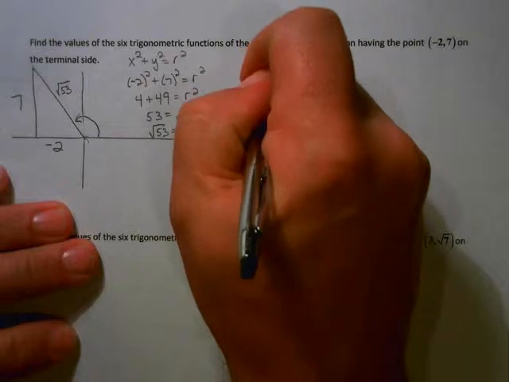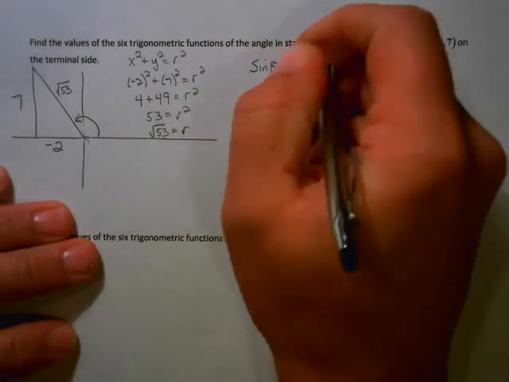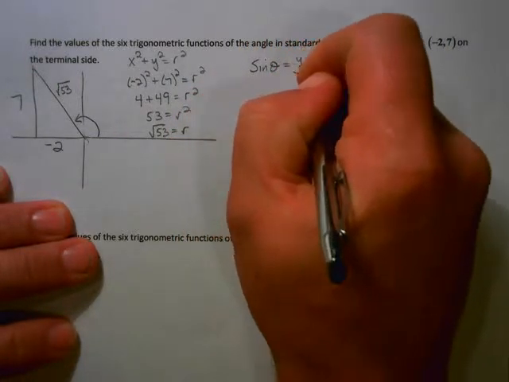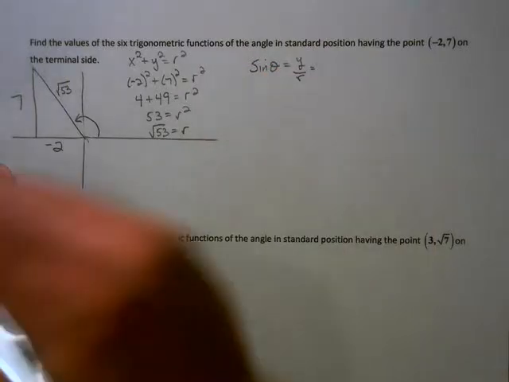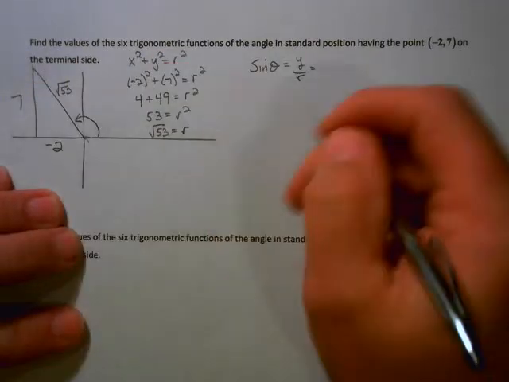So now sine theta is equal to y over r. We're going to keep writing that, because the more we rewrite it, the more we're going to remember.